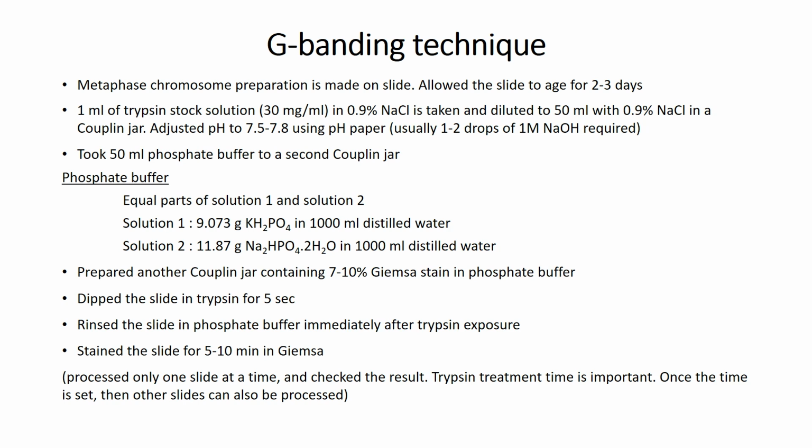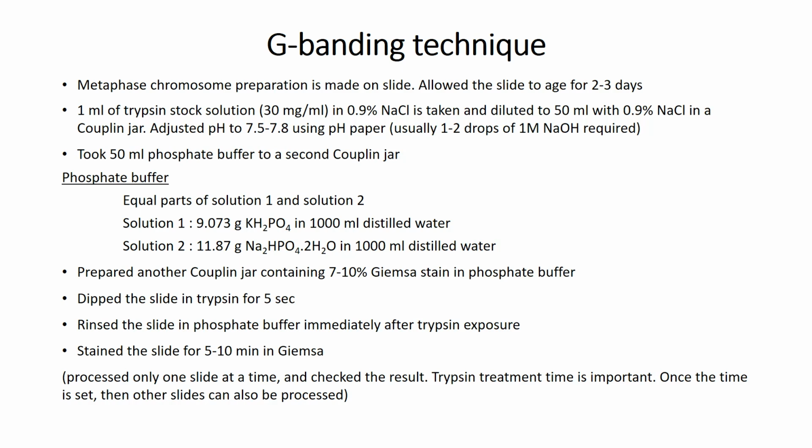Then adjust the pH to 7.5 to 7.8, checking with pH paper. Usually 1 to 2 drops of 1 molar NaOH is sufficient. The pH need not be exact; that much variation is fine.